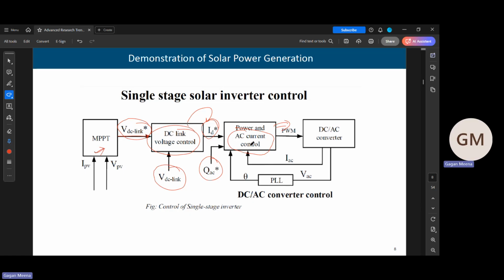The power and AC current control takes as input the D axis current reference and reactive power reference, the actual current and voltage. The PLL is used to sync with the grid.